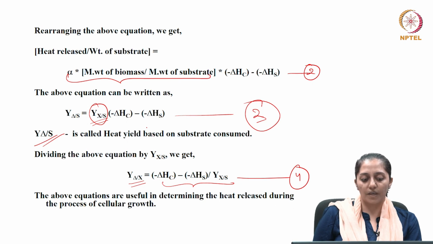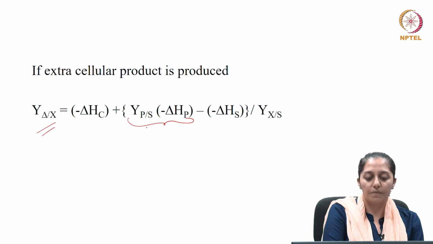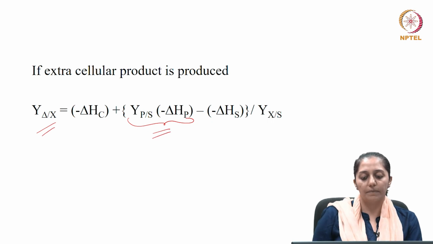So, we will have an extra term of Yp by S multiplied by delta Hp, which is being shown here by the curly bracket.